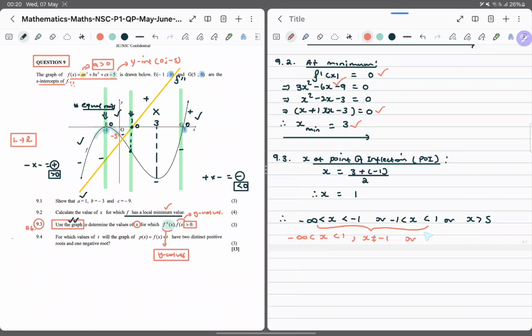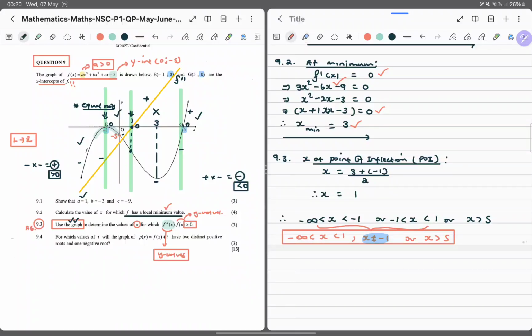Or then we do this, x must be greater than 5. So this answer can still be written like this. But if we do that, we need to take care to exclude x as minus 1, because here it ends up being captured within that interval.